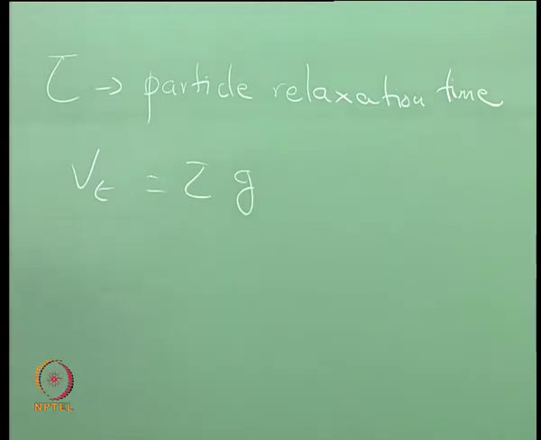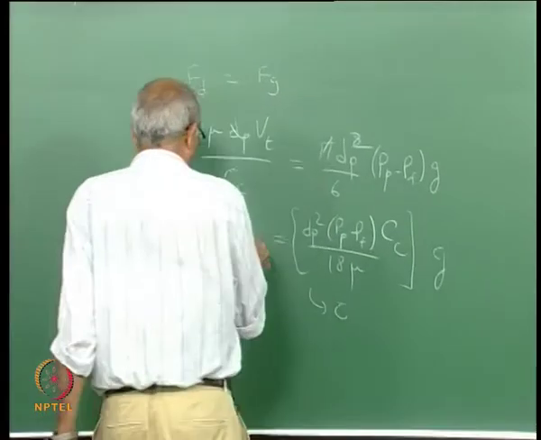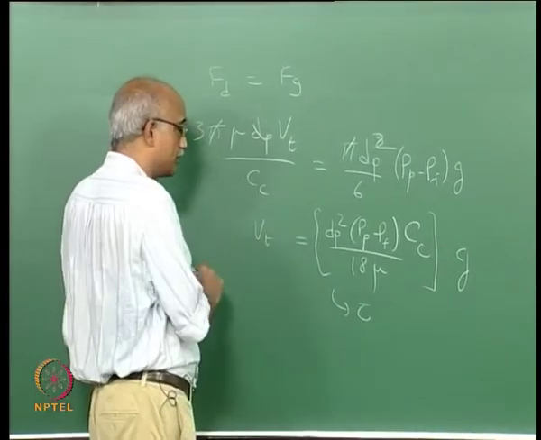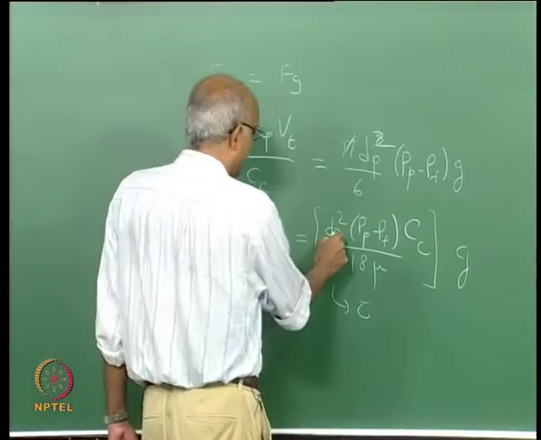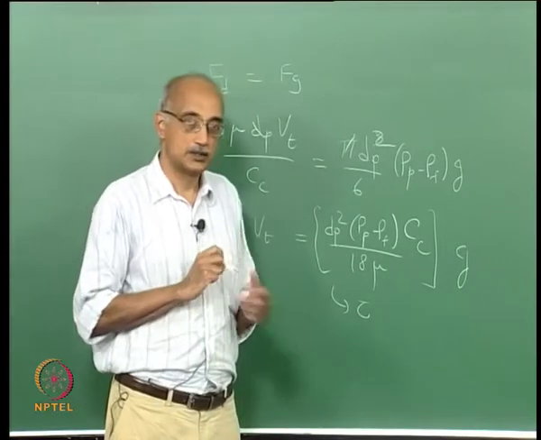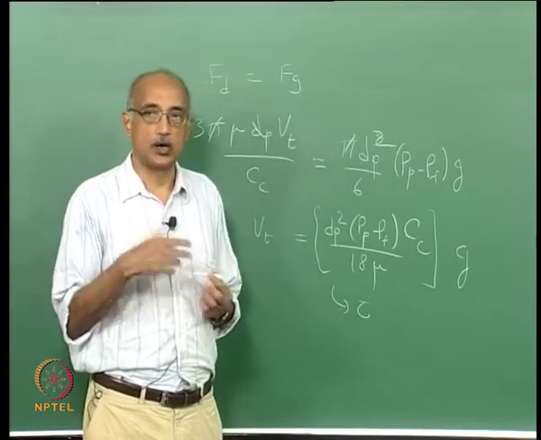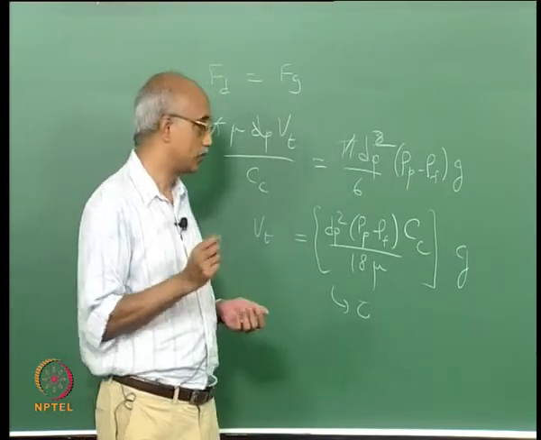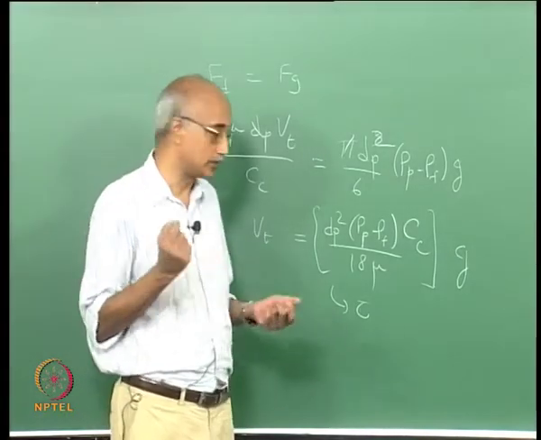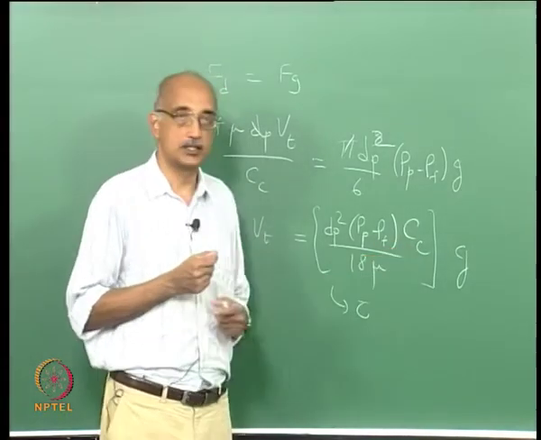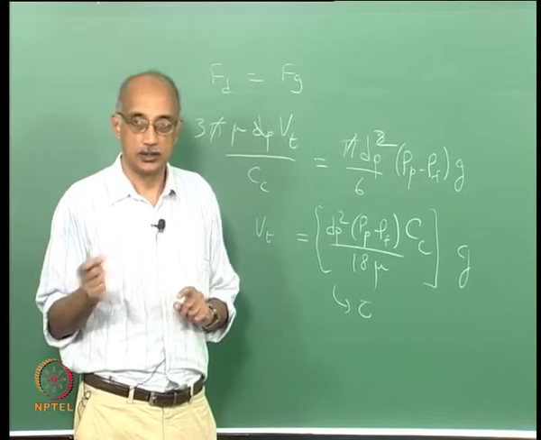Now, if you look at this expression, the dependence of the terminal velocity on particle diameter is that it goes as dp squared for large particles. However, for finer particles, as we have seen earlier, Cc itself goes as 1 over dp.